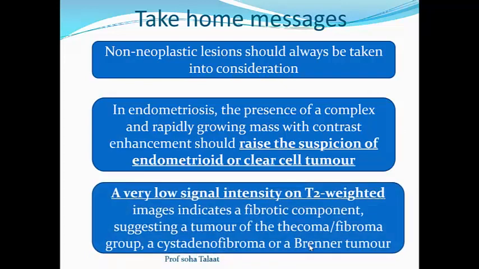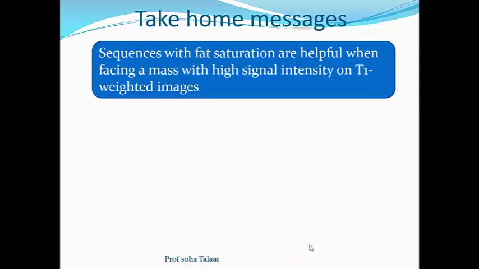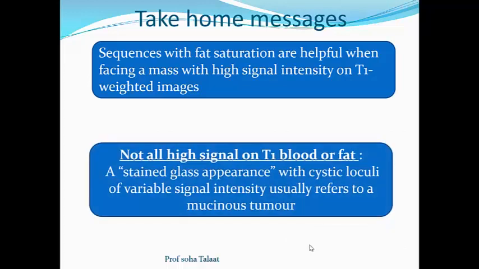A very low signal on T2 image indicates a fibrotic component suggesting a tumor of the fibroma-thecoma group, cystadenofibroma or Brenner tumor. Sequences with fat saturation are helpful when facing a mass with high signal on T1 weighted image. That is why we do T1 fat suppression, which is one of the established sequences in the protocol of ovarian lesions.